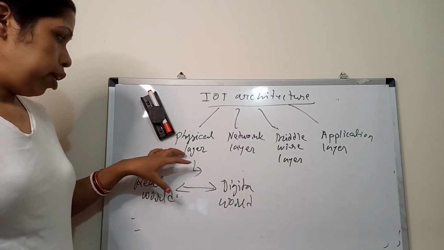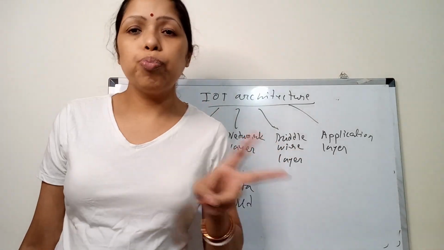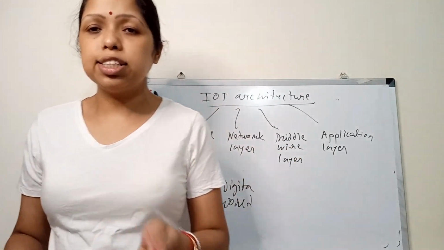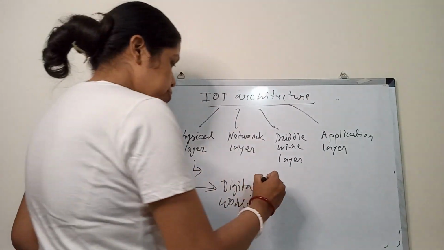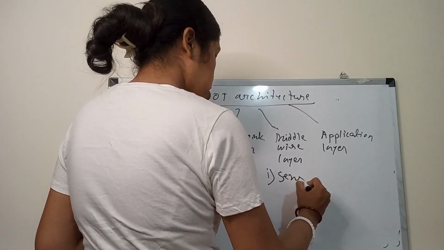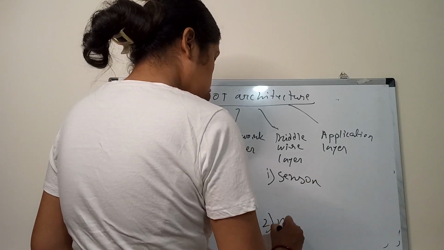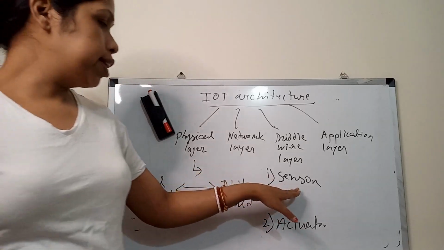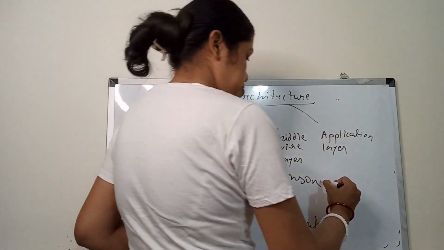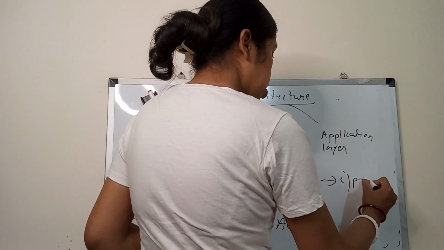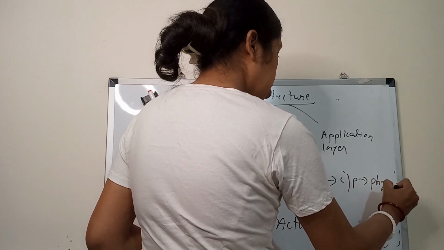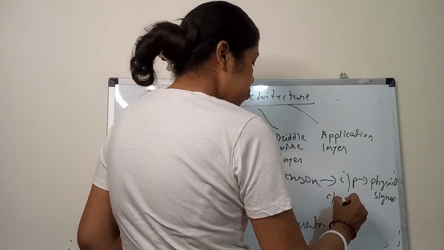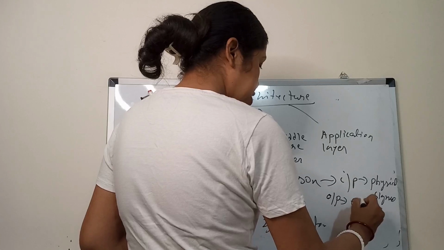In this physical layer, there are two main parts working in two different directions. One is the sensor and another is the actuator. For the sensor, the input is a physical signal and the output is an electrical signal.